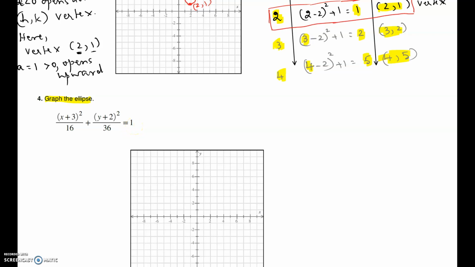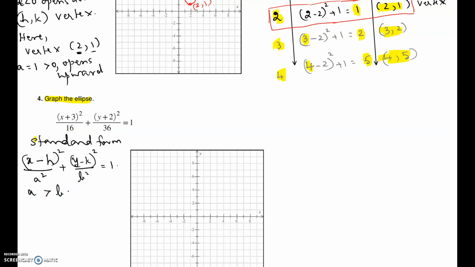We'll compare this equation with the standard form of the ellipse with center at (h, k). The standard form of the ellipse is (x minus h) the whole square over a square plus (y minus k) the whole square over b square equal to 1. Always a is considered more than b.